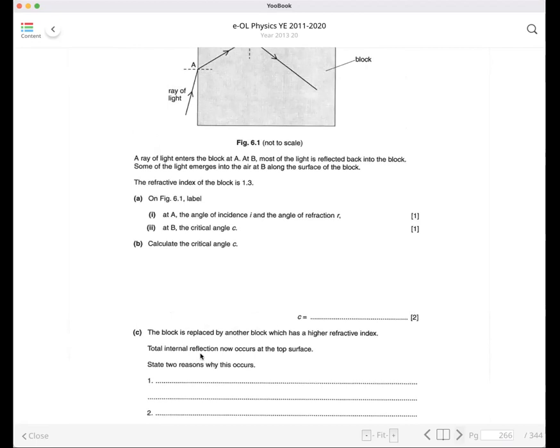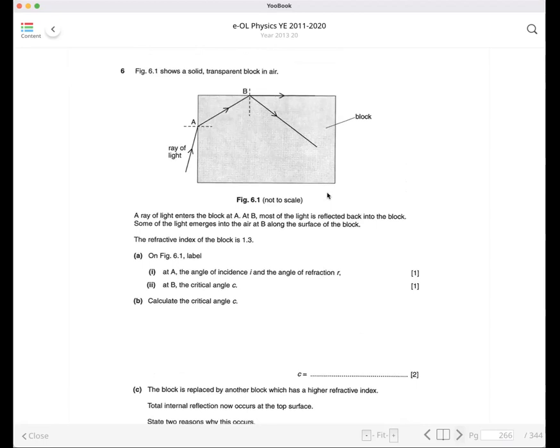So why did total internal reflection now occur at the top surface? Yuting, well done.